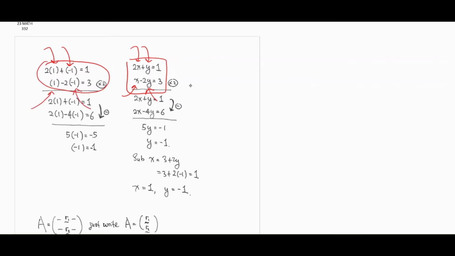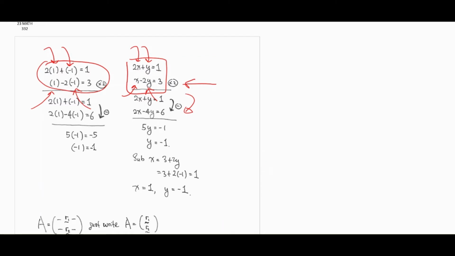When you do a row operation, for example, you multiply the second row by 2 and then subtract from this equation right here, what you are trying to do is get rid of the coefficients so that we get better numbers, so that at the end we have just the x and just the y.